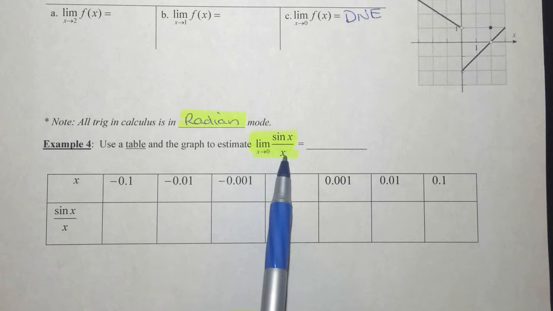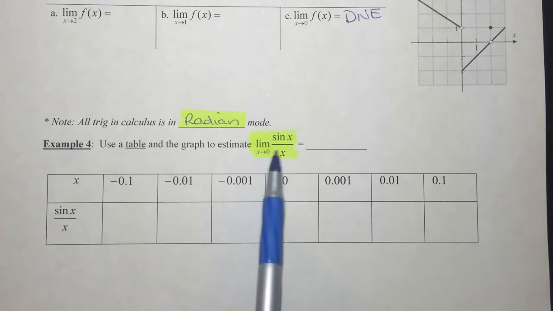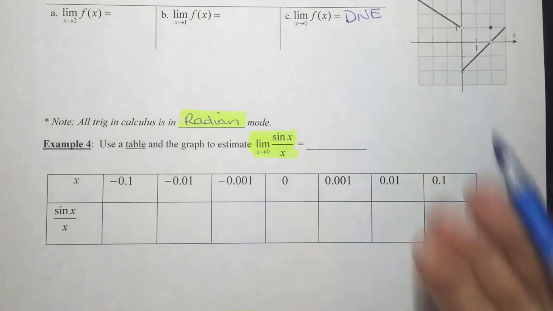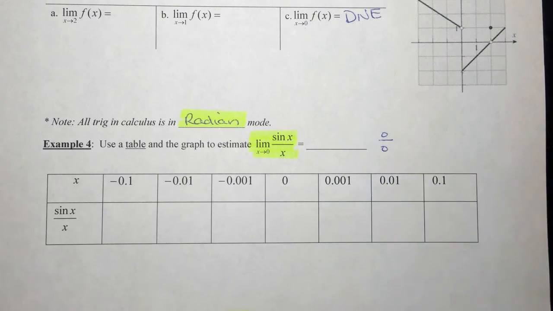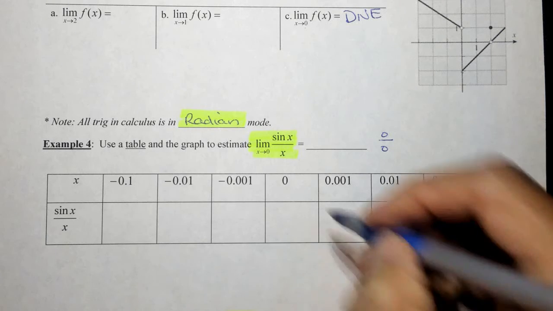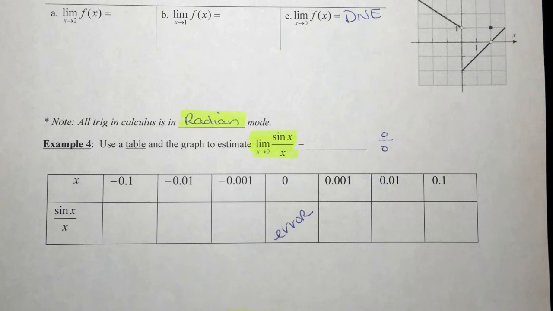But as soon as you plug in 0 to the denominator, you already know that this function is undefined. Even if I did do this and I plugged in, the sine of 0 is 0 over 0, so this is indeterminate. So I can't even do this, so I would get an error message here. So what I need to do is evaluate as I approach from the left and from the right.